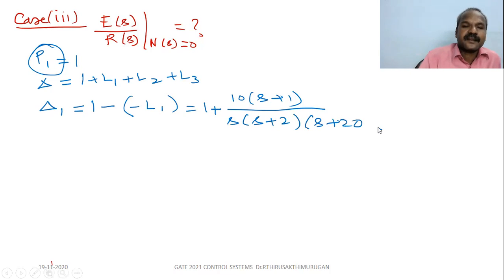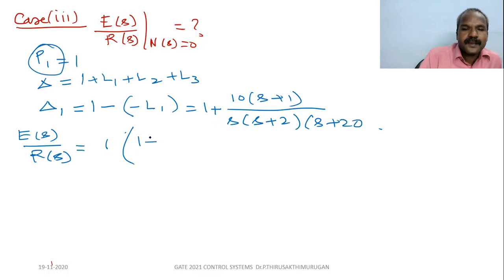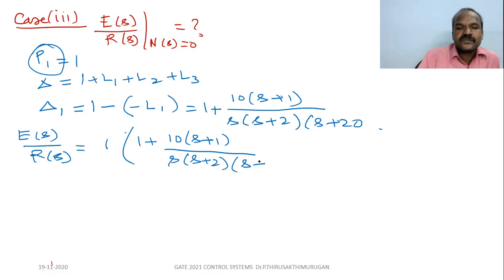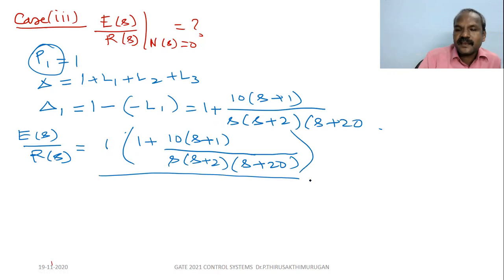So what is the transfer function? We will be getting E of S by R of S equal to P1, which is 1, times delta 1, which is 1 plus 10 into (S plus 1) divided by S into (S plus 2), (S plus 20), whole thing divided by delta.